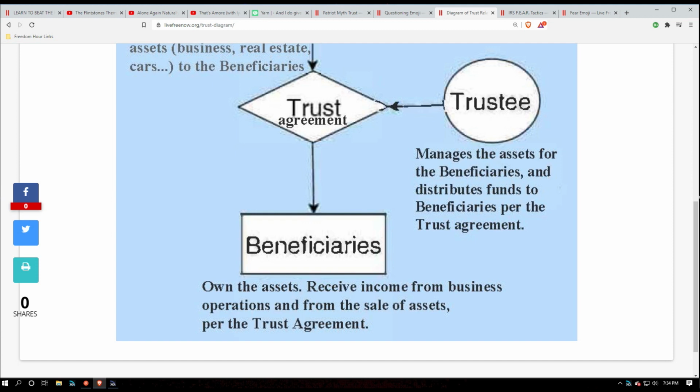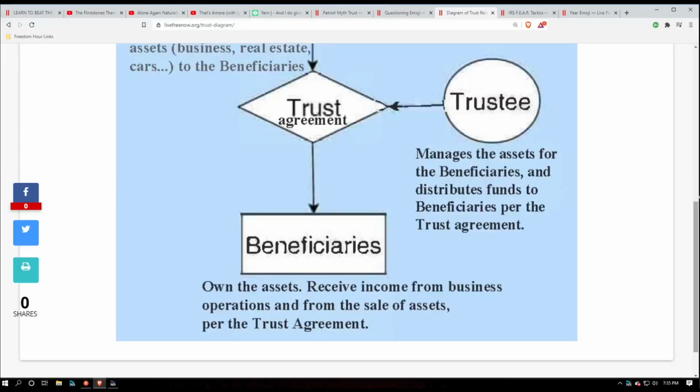And they would receive now the income from the business operations, if there's any business operation income, or from sale of the assets, like a home, per the trust agreements, right? So far, so good. Next part is key. The trustee.